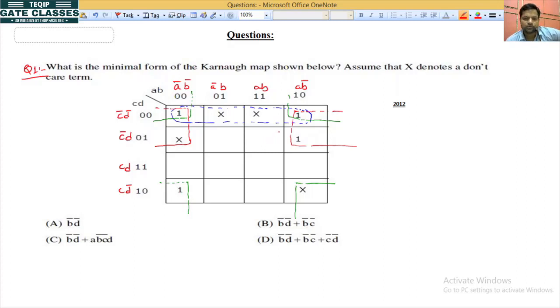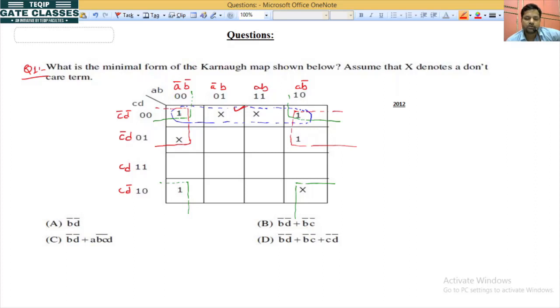Now after grouping, we will decide which group is redundant here. The last step is to remove the redundant group. If you see here, consider this quad.